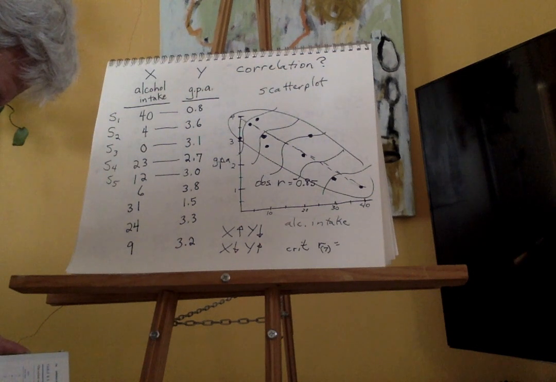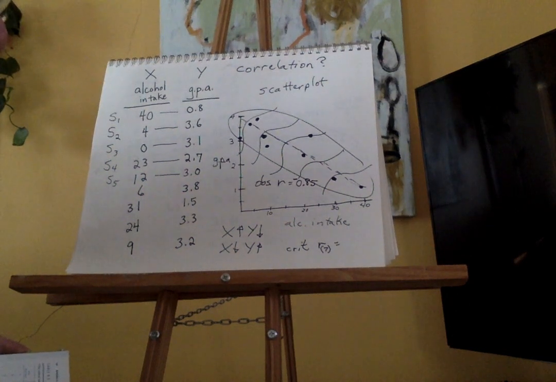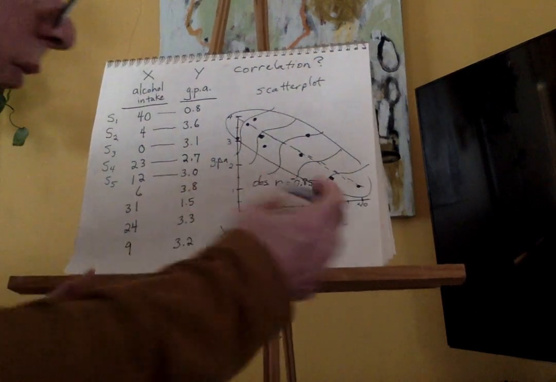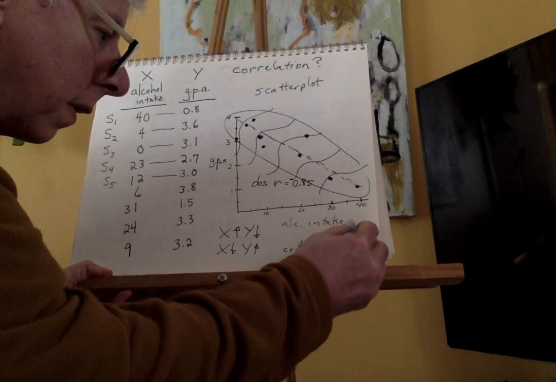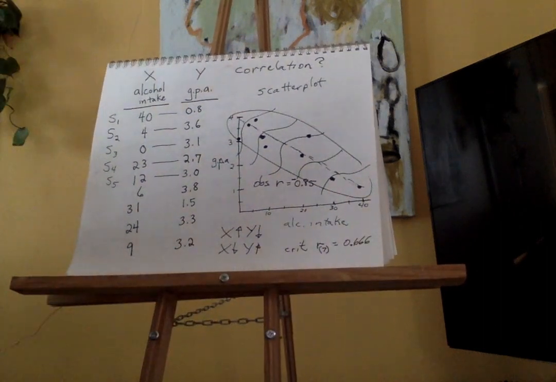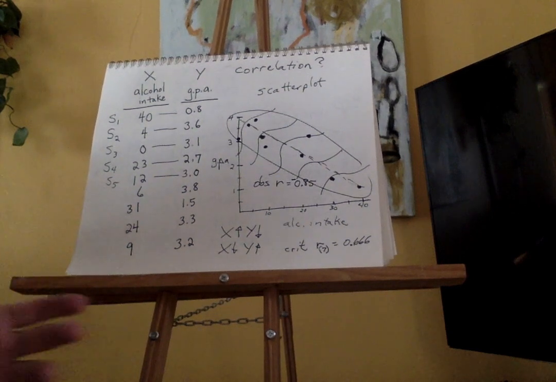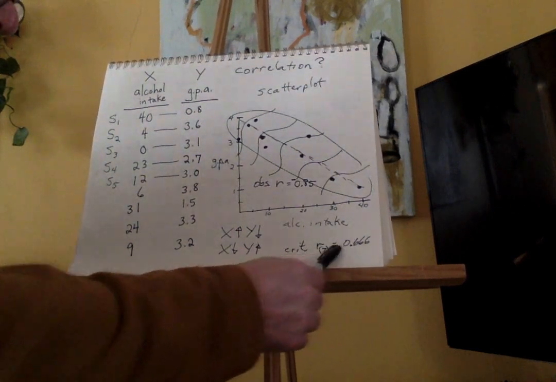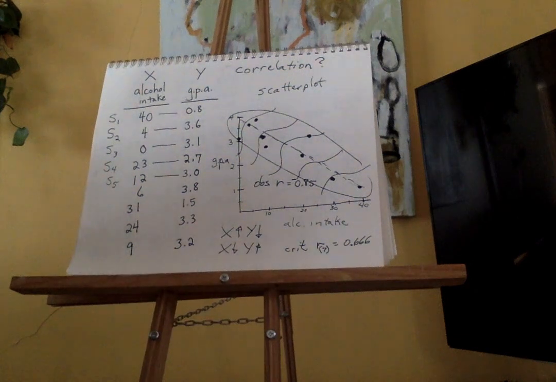I'm going to look across, and oh goodness, our critical R value is 0.666. Oh boy. And the critical value, it's not going to tell you negative or positive, because whether it's negative or positive, this is the numerical value that we have to be larger than to say there's a significant correlation.